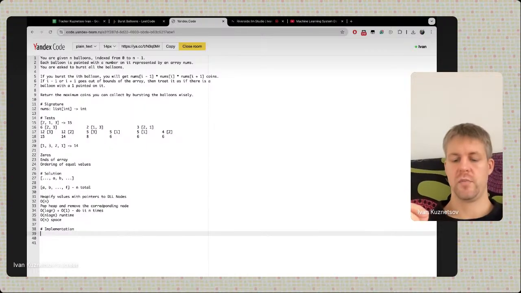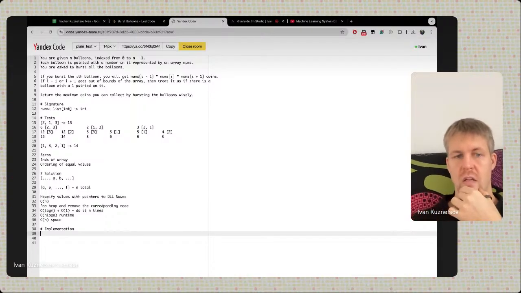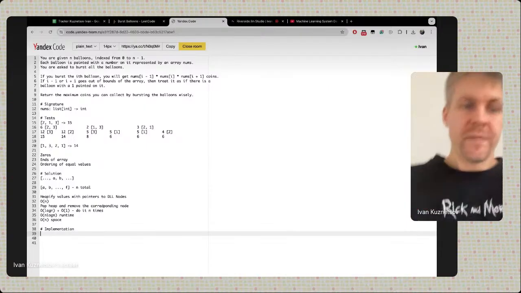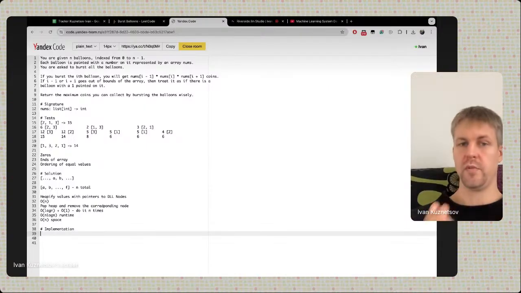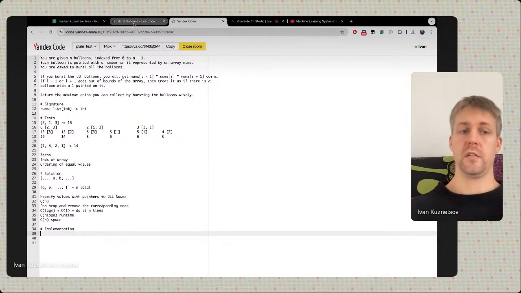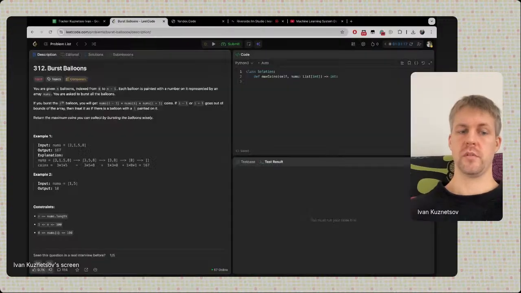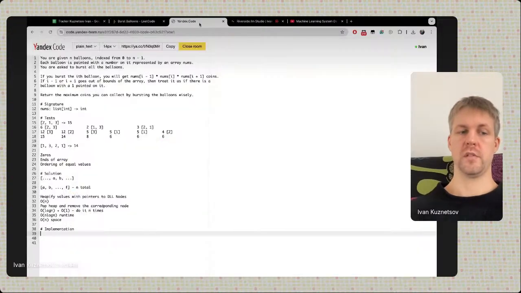I still haven't proved clearly that this greedy rule is the correct one. I just proposed a hand-wavy intuition. I don't know how to prove it, unfortunately. So let's now just try to implement the solution.